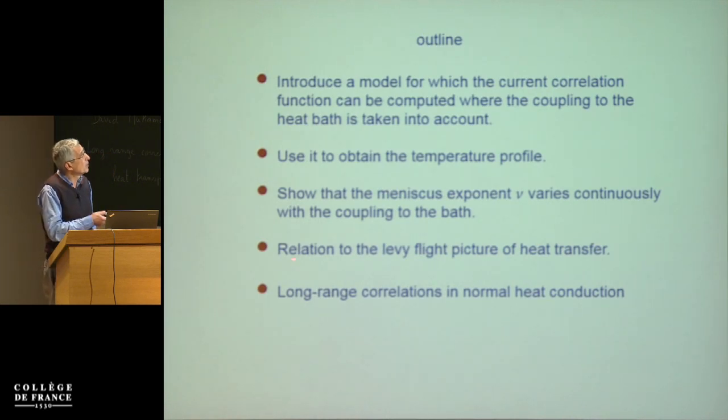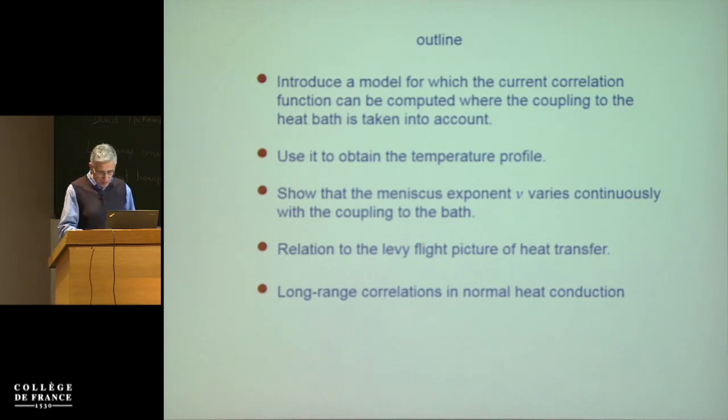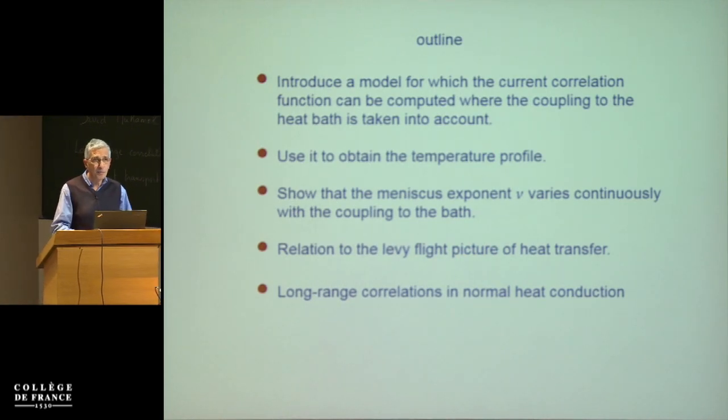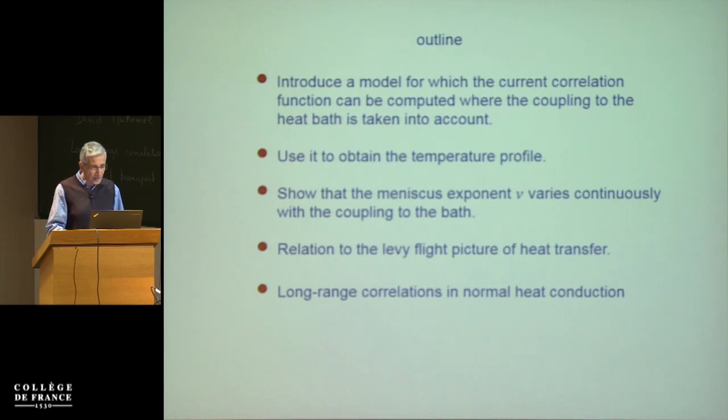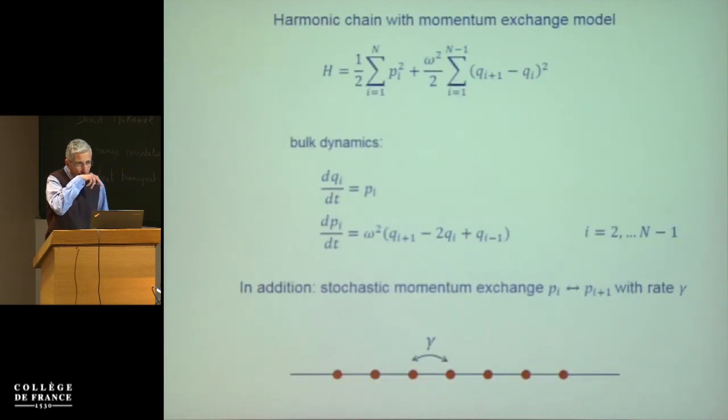Then towards the end, I'll mention some relation to the Levy flight picture that was introduced some time ago by some people, including Bernard. And if I have time, and presumably I will not, talk about long-range correlations in normal heat conduction systems, so I may just say a few words about it.